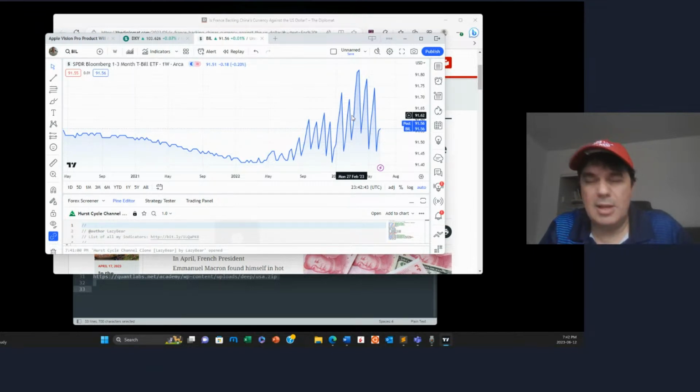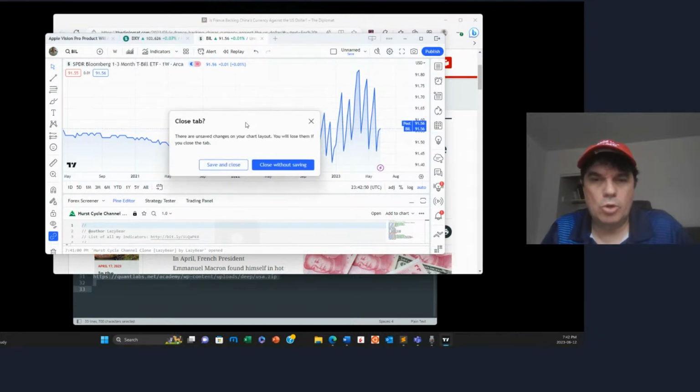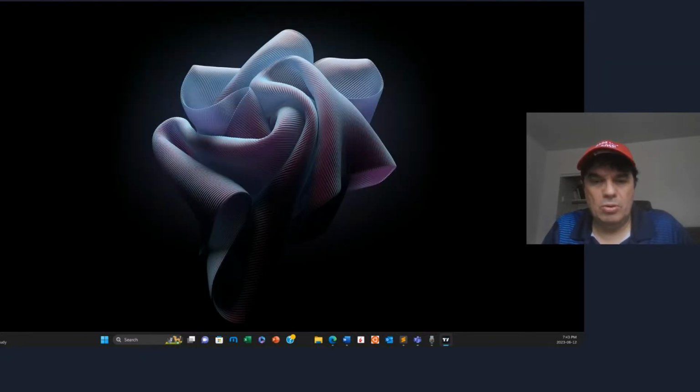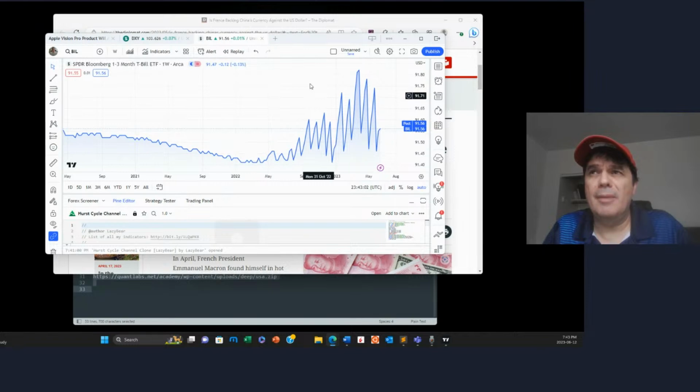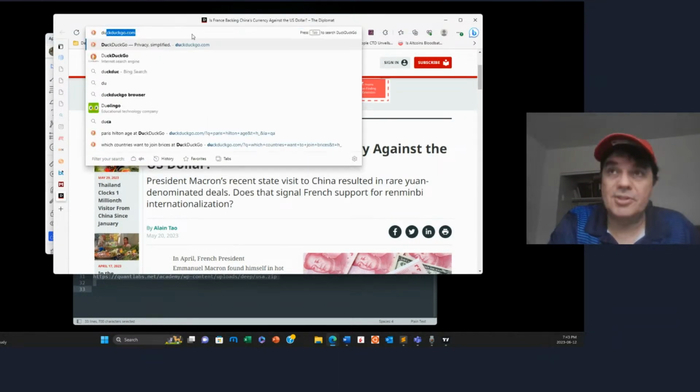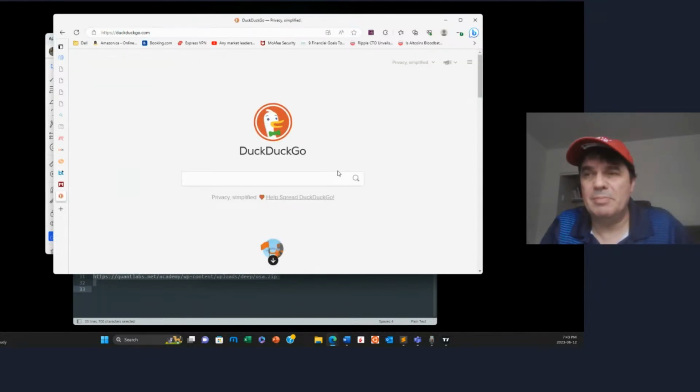And will that impact the U.S. dollar? Yeah, it will. The other thing I forgot to mention is the credit rating of the U.S. If you have countries like, let me pull one up as an example here. If I do a DuckDuckGo search, because I don't trust Google anymore, as most people will probably say the same thing.